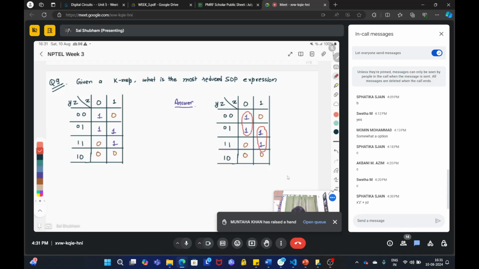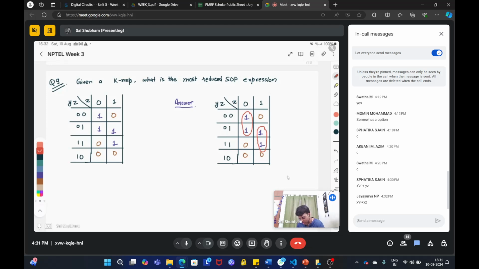Any other combination will only increase the number of terms, so it will actually increase the size of the expression. So your function f will be x bar y bar plus xz.